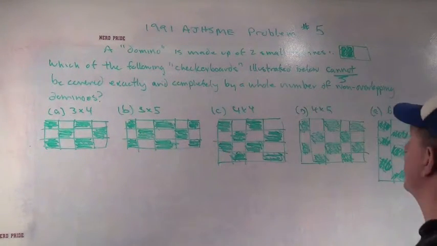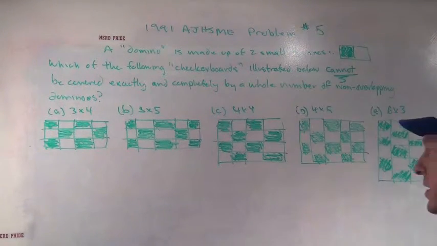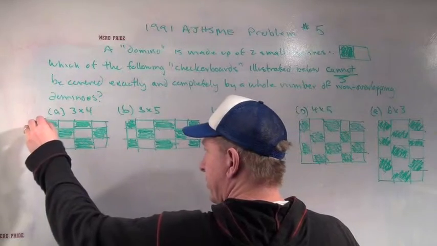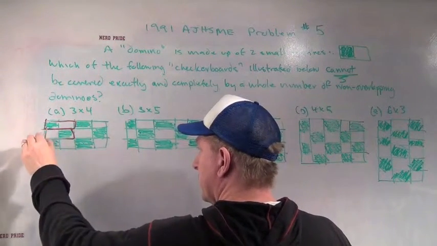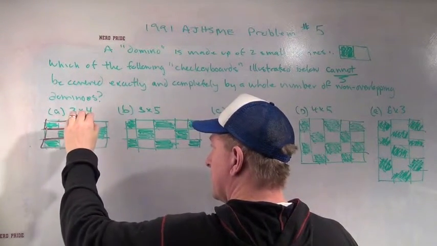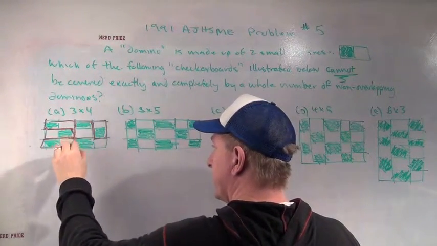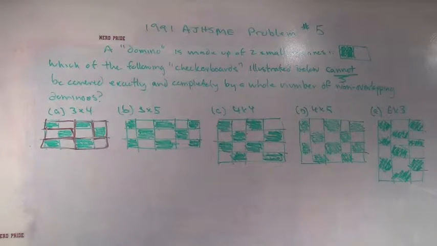So we can take our domino that has a dark square and a light square, and we could put one here, one there, one there, one there, one there, and one there. So we seem to be able to do that one.